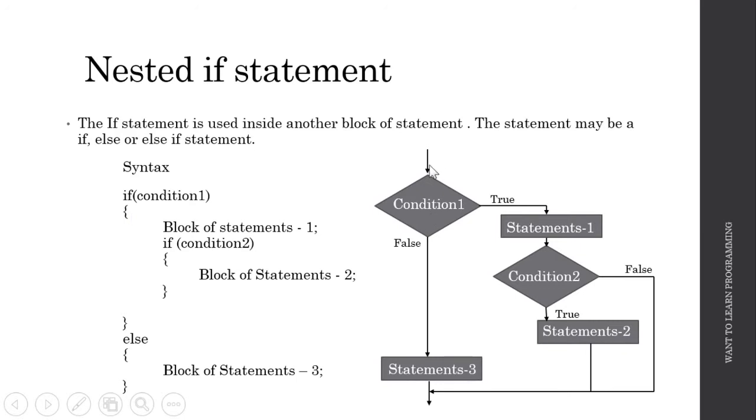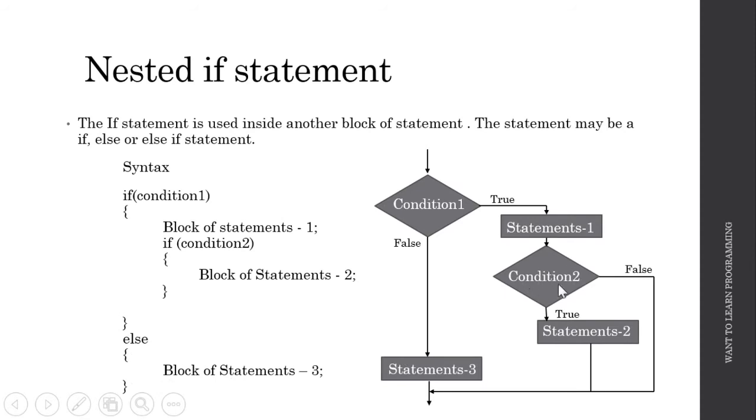First, we check if the first condition is true or false. If the first condition is true, then it executes block of statements 1. Next, it goes to the second condition. If the second condition is true, then it executes block of statements 2 and then continues with the rest of the program, jumping this else block.